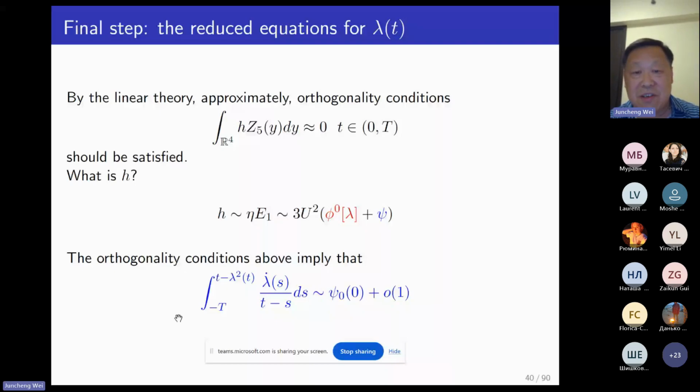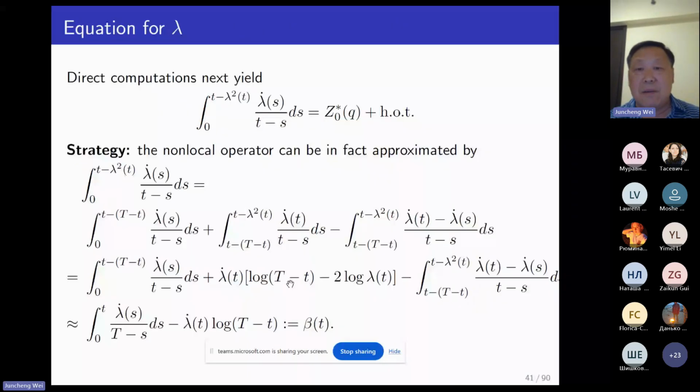It's a very strange ODE, which is the integral from minus t to t minus lambda squared t, of lambda dot over t minus s, ds. And this is basically freezing the coefficient. So now the problem is to solve this problem. This is a non-local ODE.